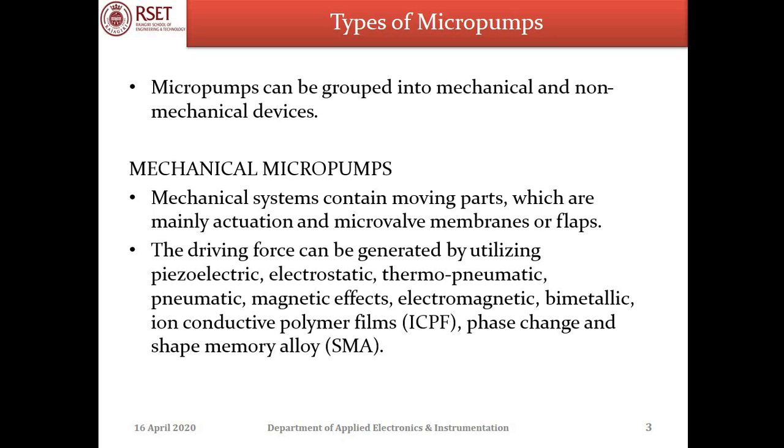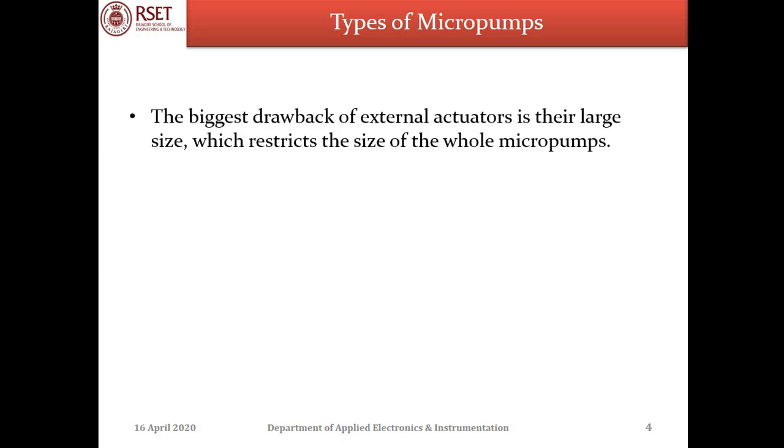The driving force can be generated by using several types of micro actuation mechanisms, including piezoelectric mechanism, electrostatic actuation, thermopneumatic, pneumatic, magnetic effects, electromagnetic, bimetallic, ion conductive polymer films, phase change and shape memory alloys.